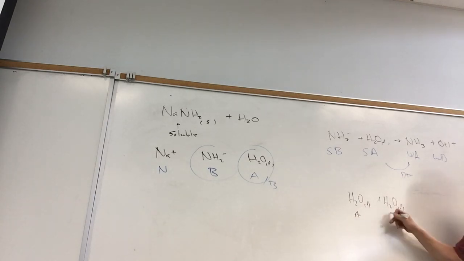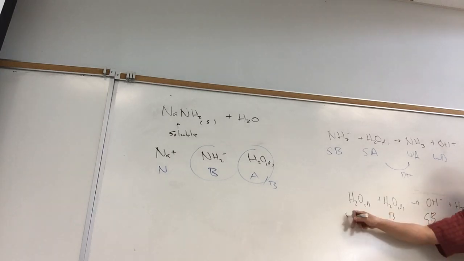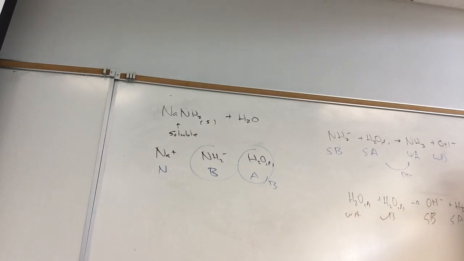I'm going to call this the acid, and this the base. The acid is the proton donor. So we form hydroxide and hydronium. This is the base, this is the acid here. Here, the strong is on the right side. So we do two things in this case. One, we say that there's no driving force, therefore no reaction.